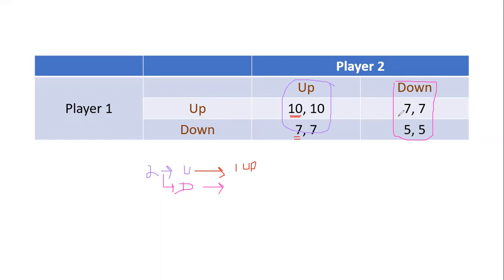He can either play up or down. However, looking at the payoffs, player 1 should play up because the payoffs are higher than the payoffs in case of down.